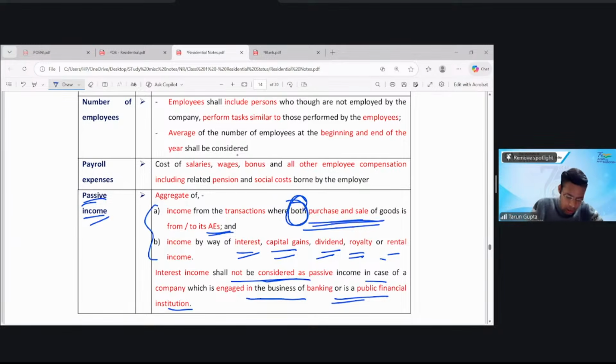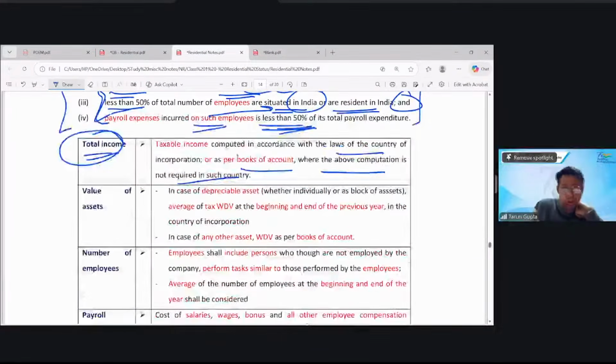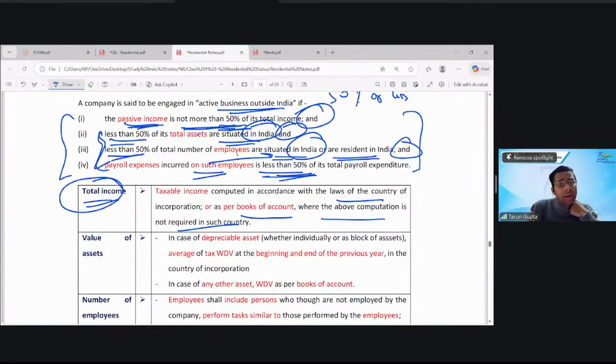So the aggregate of A and B is the passive income. A is income from transactions where goods are purchased and sold, both, to the AE, and B is income in the nature of dividend, capital gain, royalty, interest, and rental. The aggregate of this income should not be more than 50% of the total income.